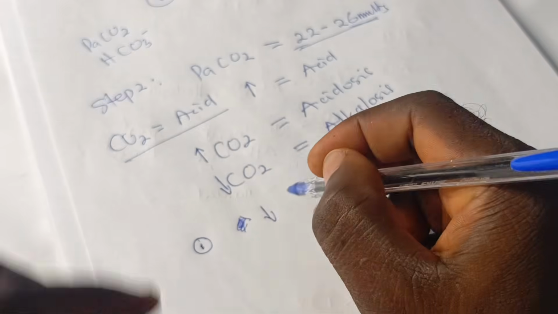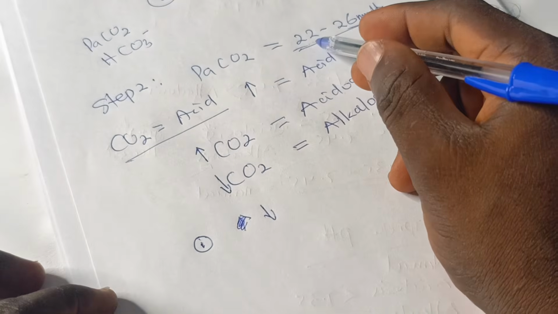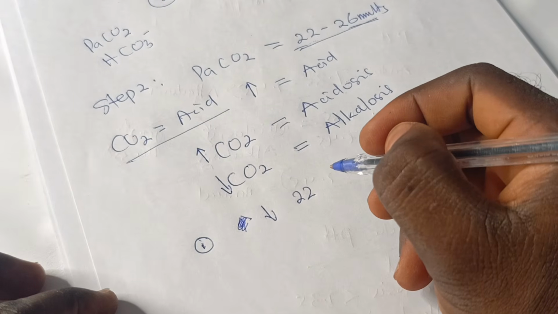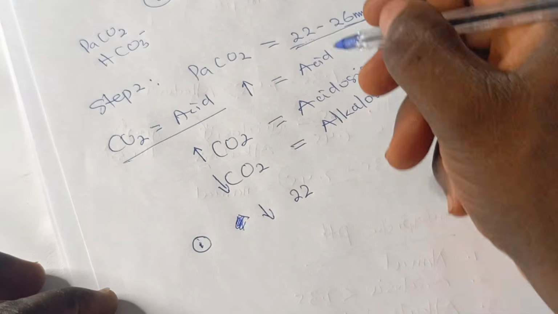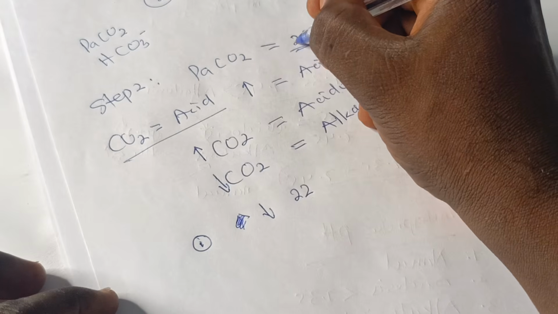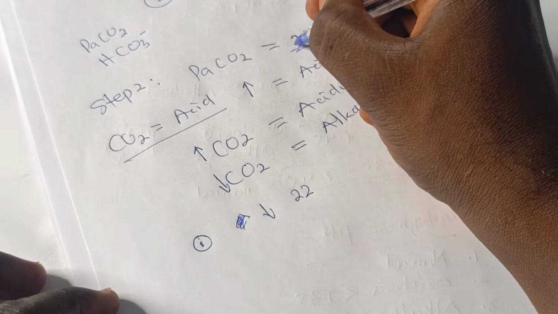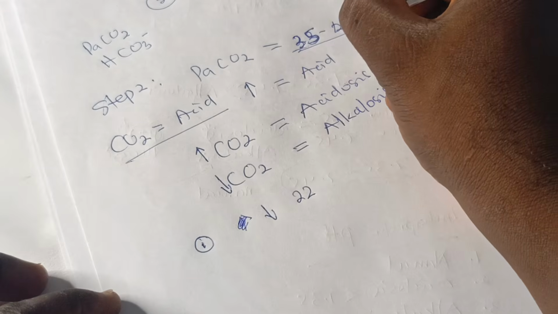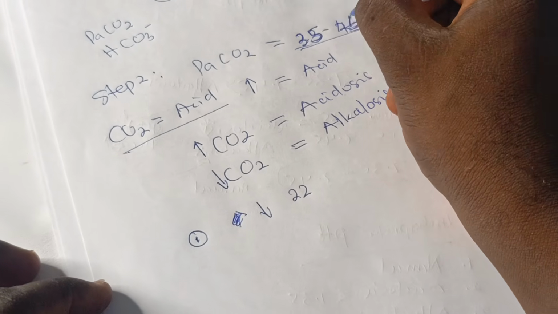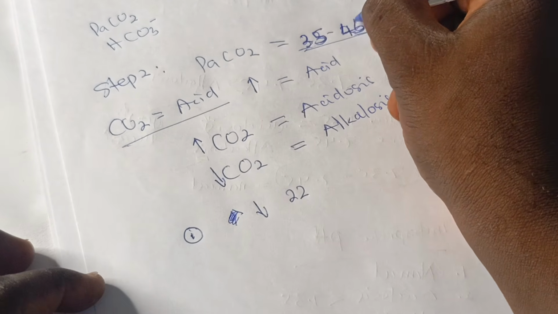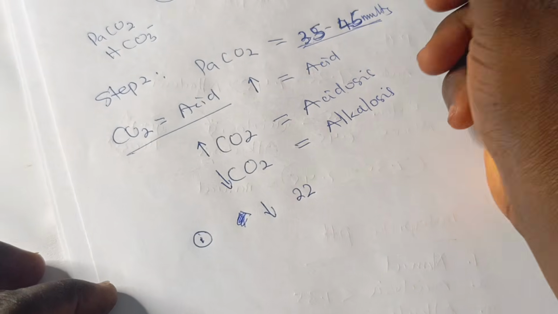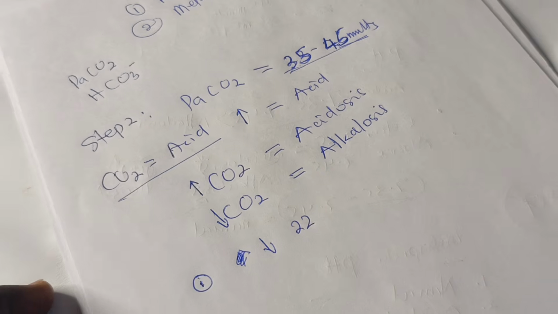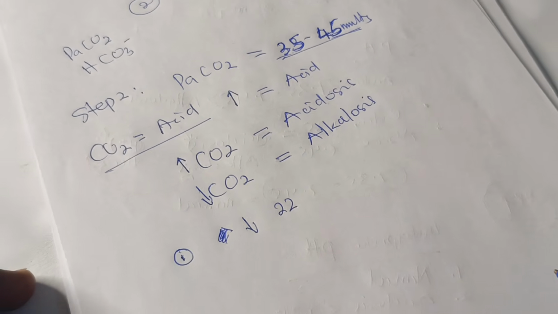If it is lower than this lower number, 22, oh, sorry, the figure is 35 to 45 millimeter of mercury. I'm so sorry. Okay, I'm sure you have corrected me in your mind. Thank you.